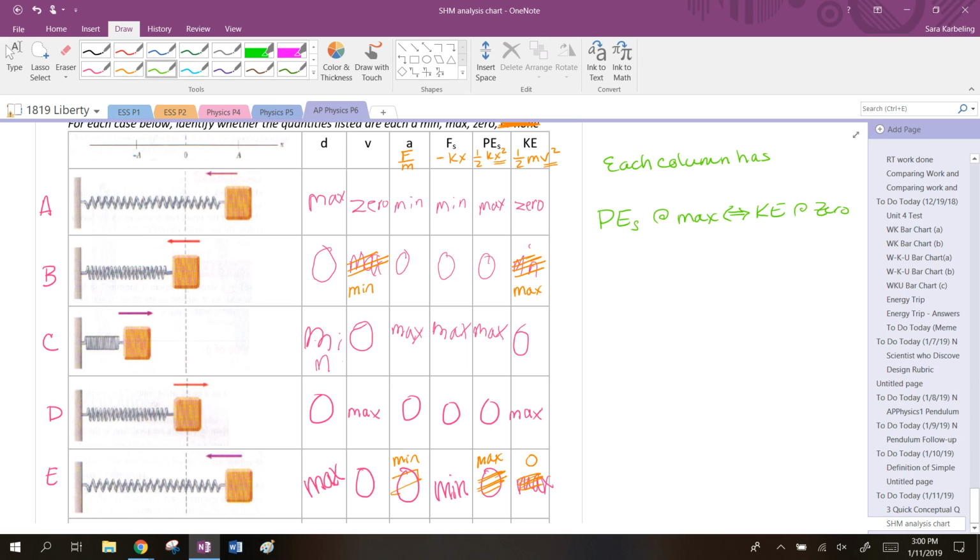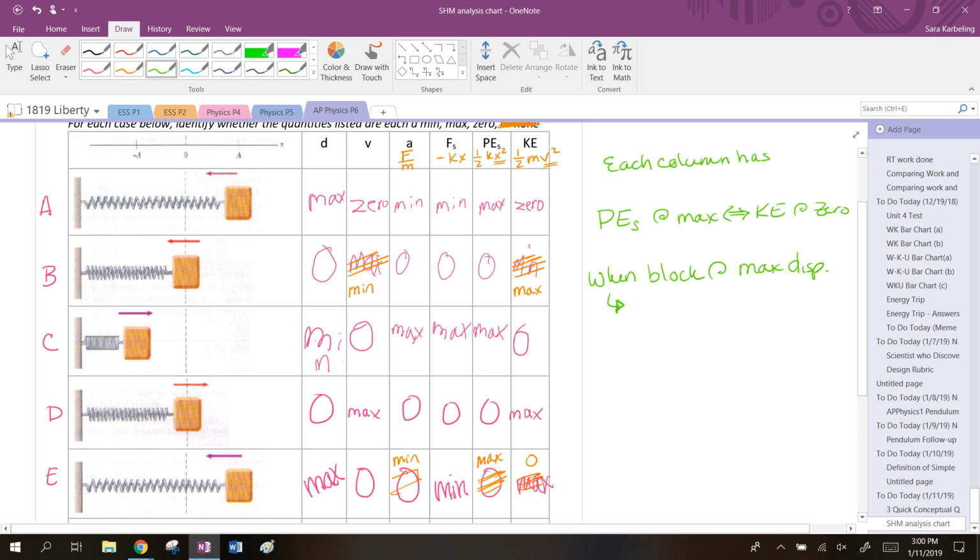So let's see if we can generalize that a little bit more. What is true about A and C in terms of the situation? They're at the opposite ends. Yeah. So maybe we can say that when we'll call it a block, is at the maximum displacement, what can we say about everything?